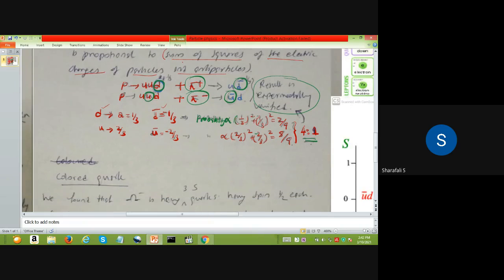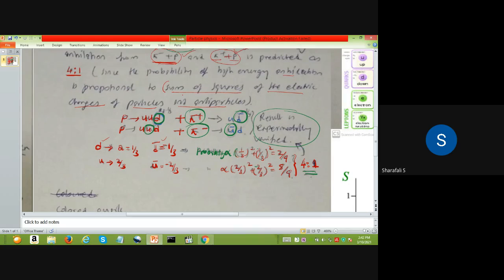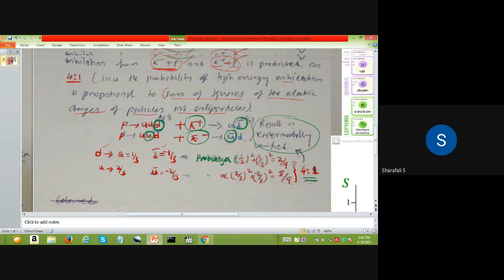If you calculate theoretically, you will get 4:1. And if you calculate the probability of formation of muons in these two reactions, then it will also give you 4:1. So that is also experimentally verified.